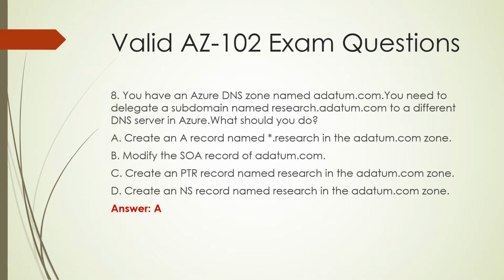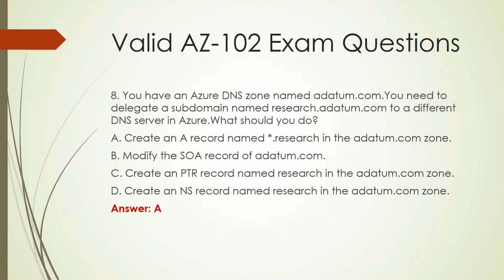8. You have an Azure DNS zone named adatum.com. You need to delegate a subdomain named research.adatum.com to a different DNS server in Azure. What should you do? A. Create an A record named *.research in the adatum.com zone. B. Modify the SOA record of adatum.com.